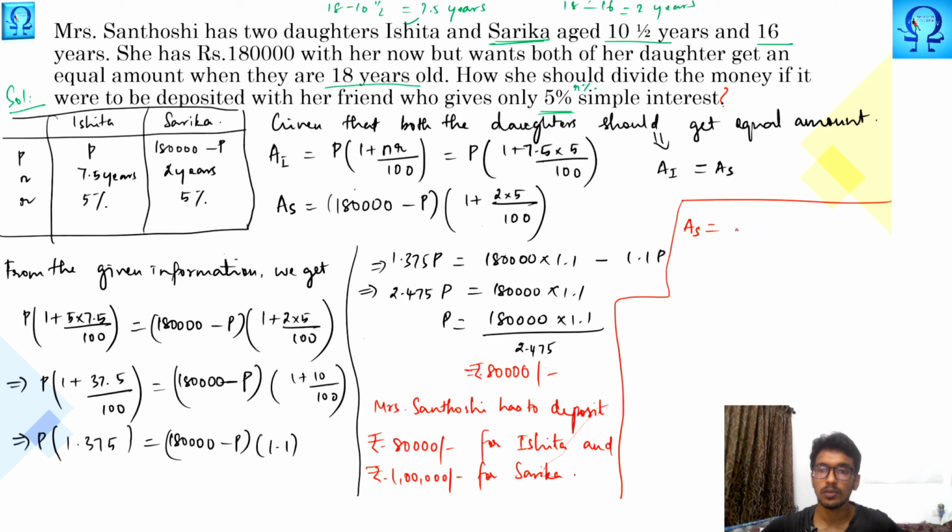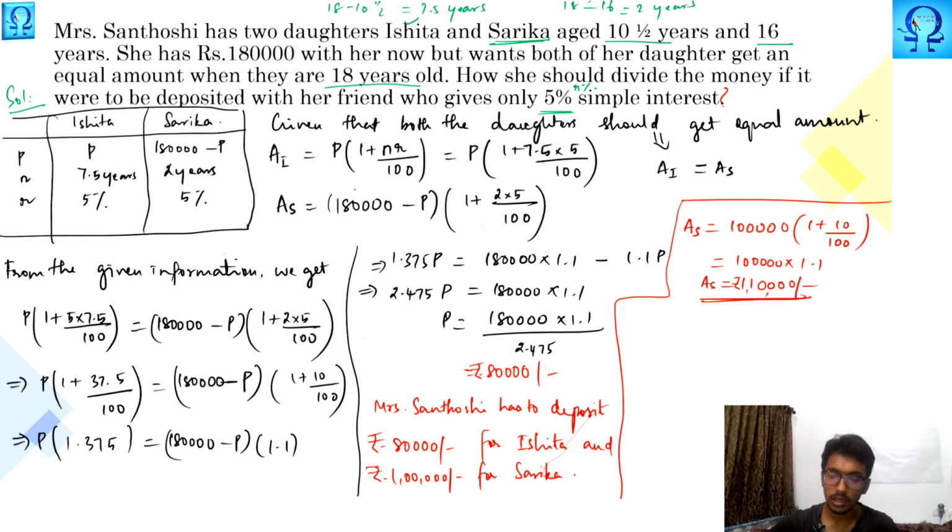AS would be 1 lakh times (1 plus 10 upon 100), which is 1 lakh times 1.1. So 1,10,000 is the amount that they would receive when they are 18 years old. Okay, thank you.